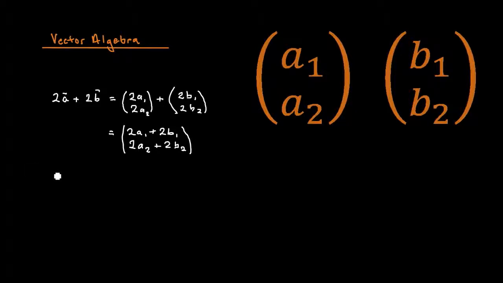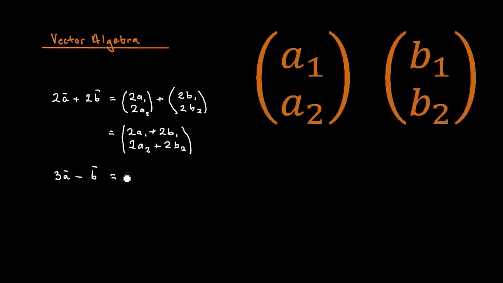Let's do a subtraction. Say we had 3A this time, so A, any vector A, subtract, let's just have B, any vector B. What would that look like as algebra? So again, we might want to do our scaling first. We don't have to.